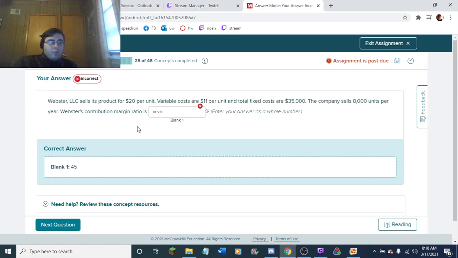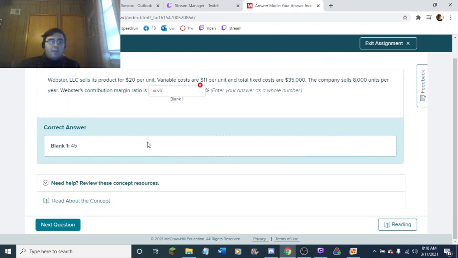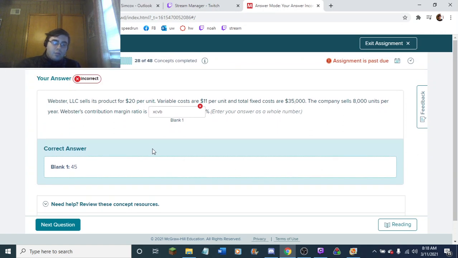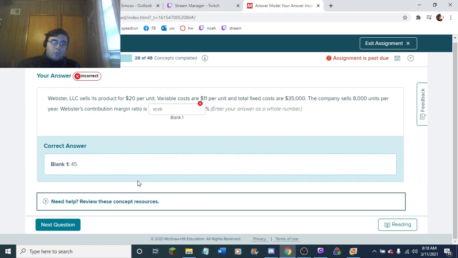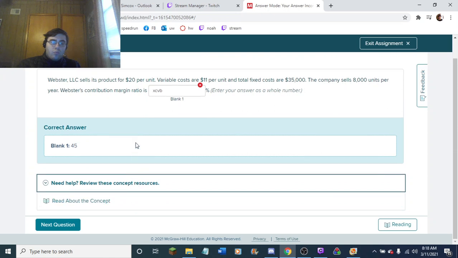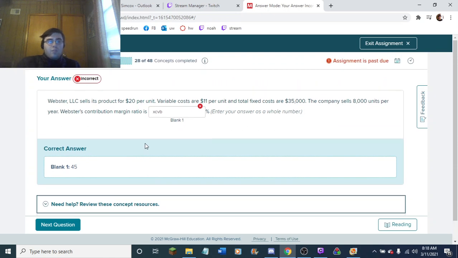Wait, this divided by 9. Nope. How do they get this number? They don't explain it. Is it the contribution margin divided by the total costs? Okay, maybe that's what it is.